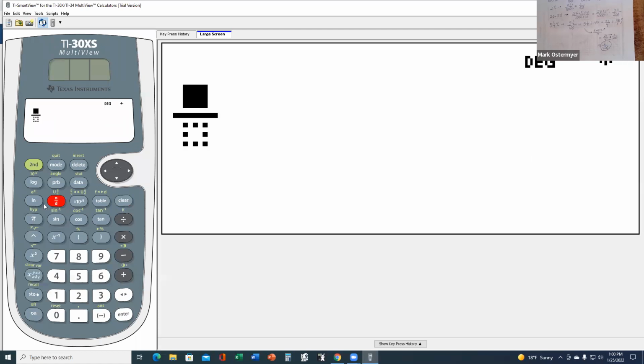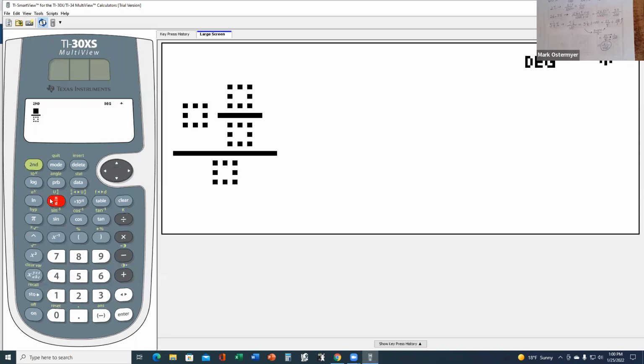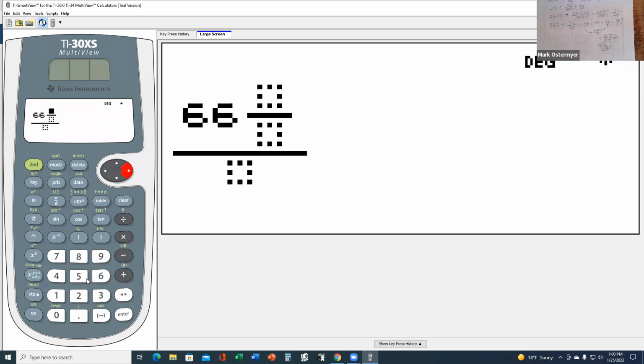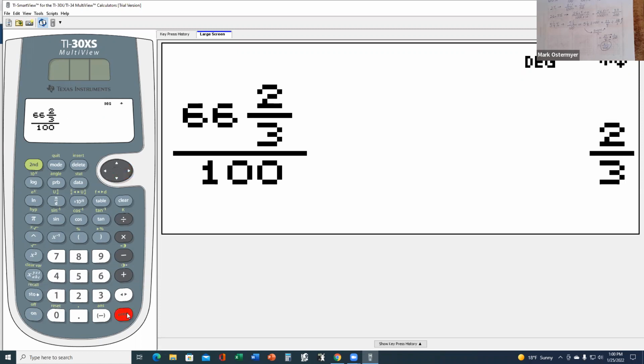So, okay, fraction, second fraction, 66 2/3. That's so much easier. Take it down to 100, correct? And that's all there is to it. Now you just hit your enter button and boom, your machine does a lot of work behind the scenes very quickly. You got your answer, 2/3.